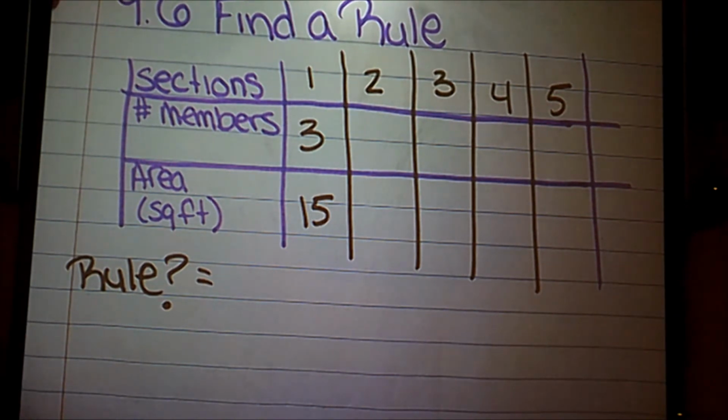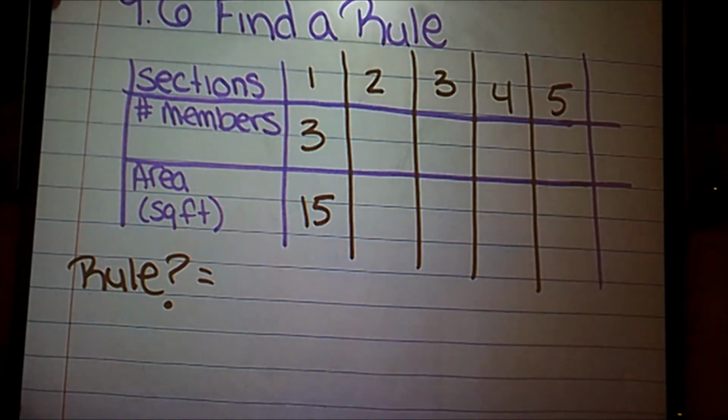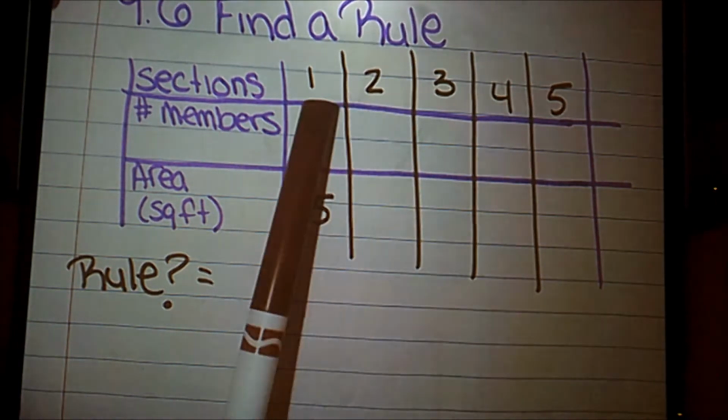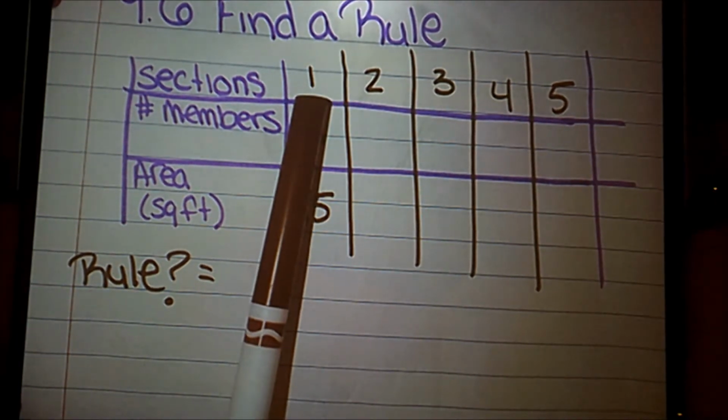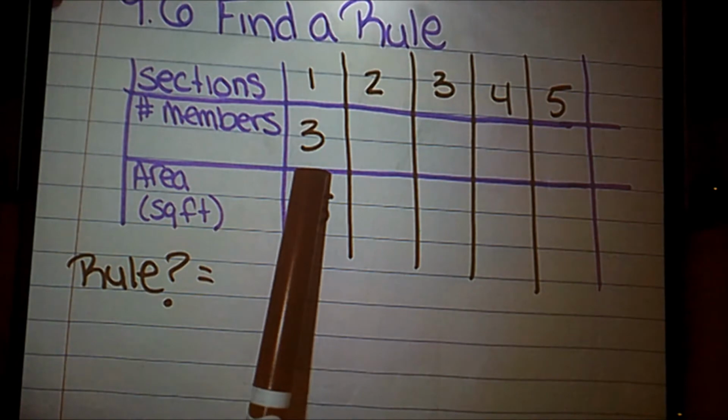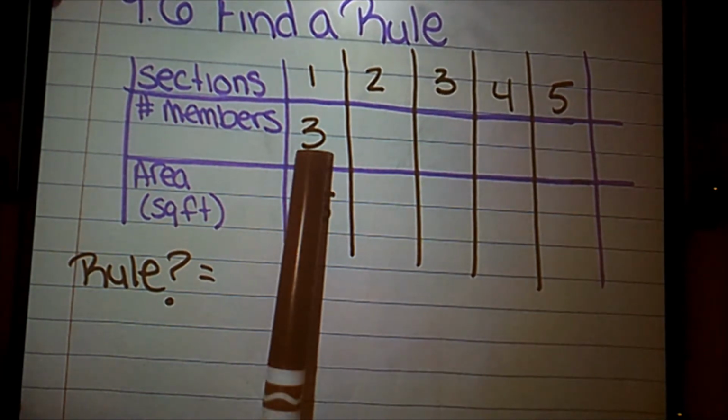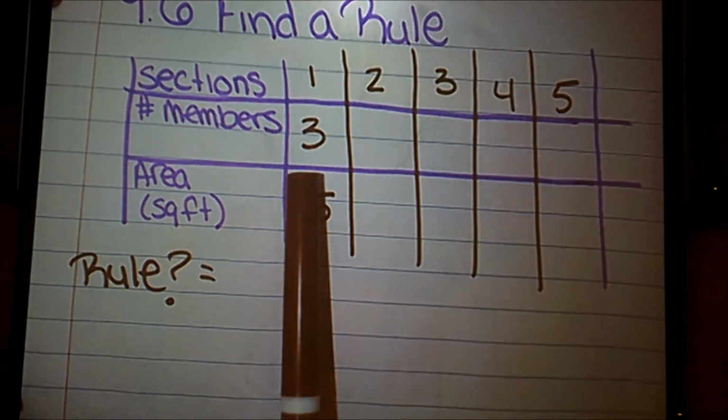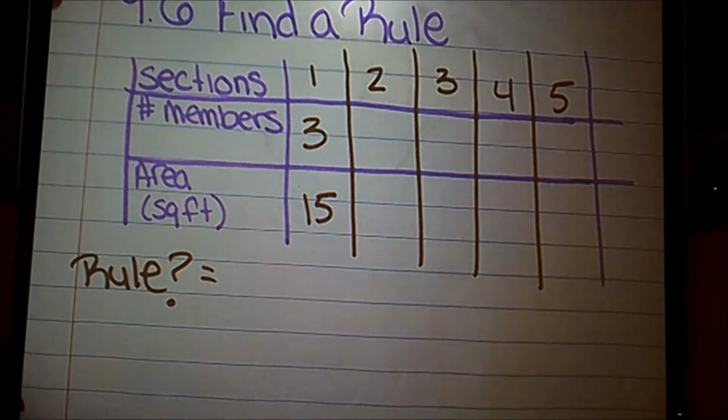And the third part has the area of the archaeological dig for that number of sections. In my word problem, it said that for every section, I have 3 members or 3 archaeologists who are working on 15 square feet of area.